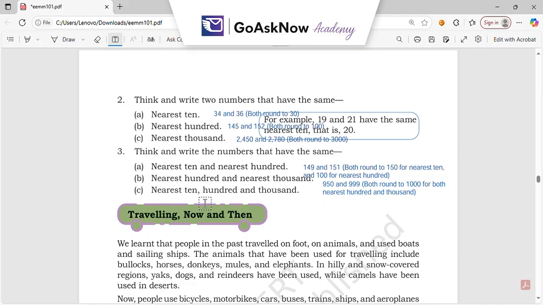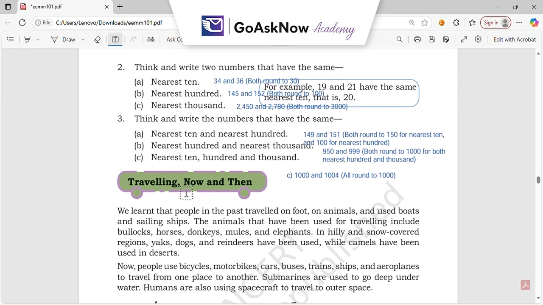Next, nearest 10, 100, 1000. Here the answer for the C part is 1000 and 1004, all round to 1000. Here these are the numbers.